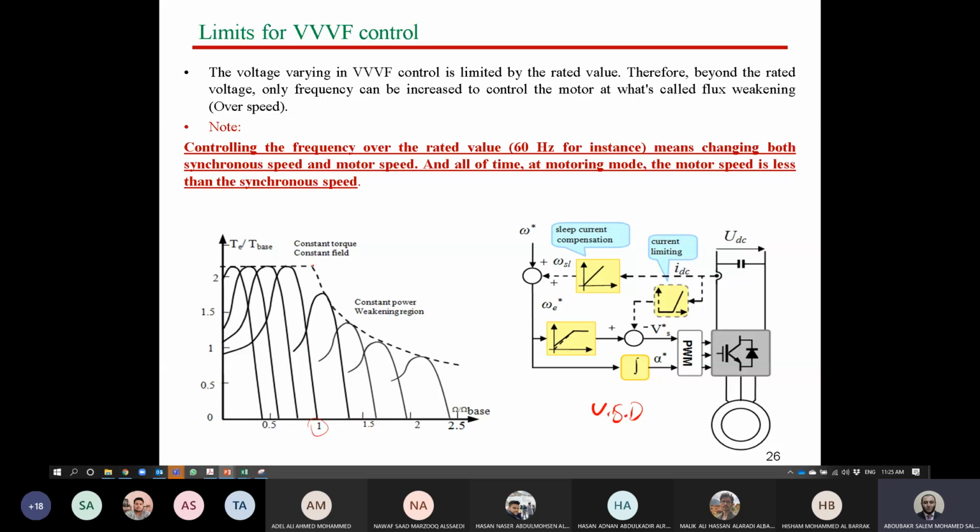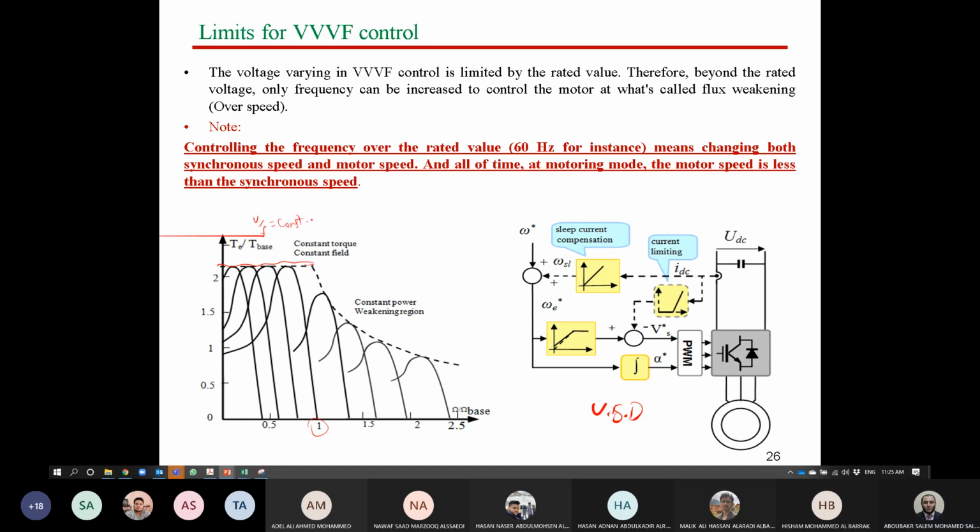We can consider the control in this region as constant torque, because torque maximum is constant here. Constant torque, constant field control. So in this part, we have T maximum constant, which is due to V over F being constant.